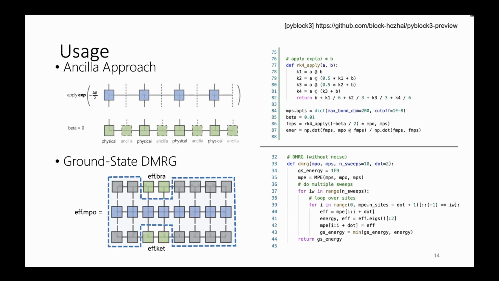In PyBlock 3, the effective MPS and Hamiltonian can be conveniently constructed and updated using the slicing notation in Python. For optimal efficiency and accuracy, the code for practical applications will be longer than these minimal examples, but the skeleton will be the same.